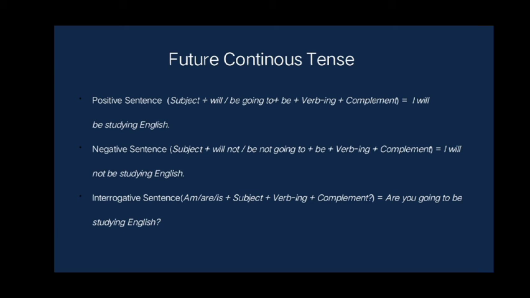For a negative sentence, the formula is subject plus will not or be not going to plus be plus verb-ing plus complement. For an interrogative sentence, am, are, or is plus subject plus verb-ing plus complement. For example, are you going to be studying English?